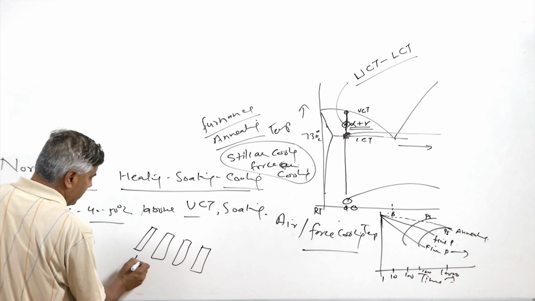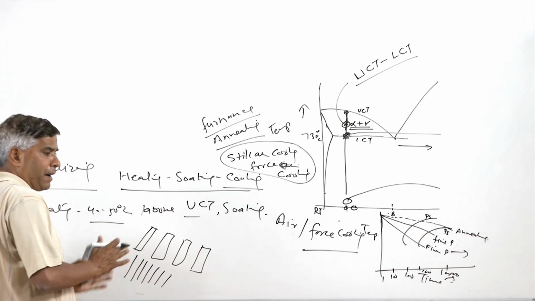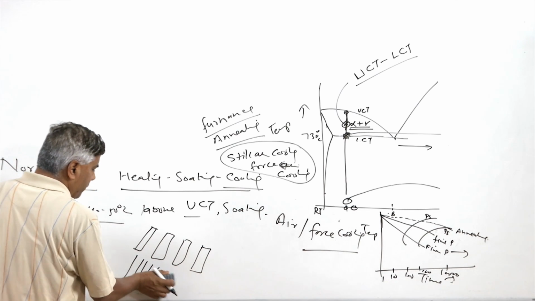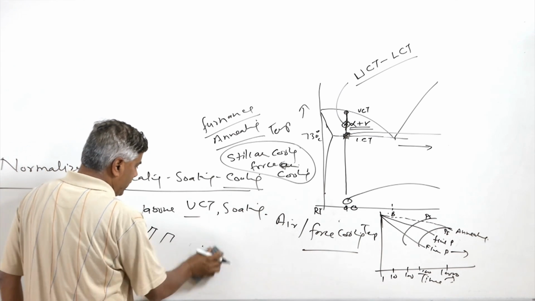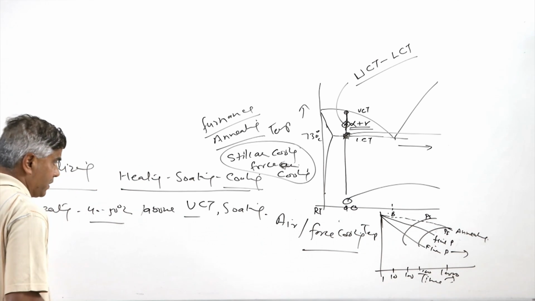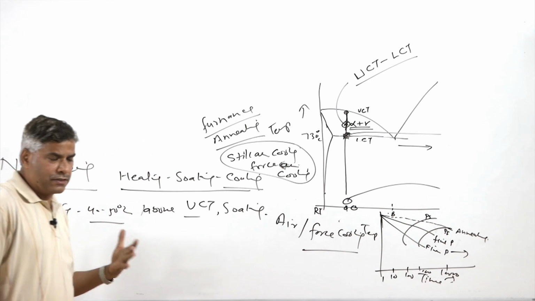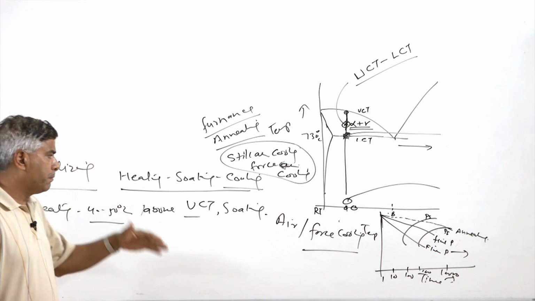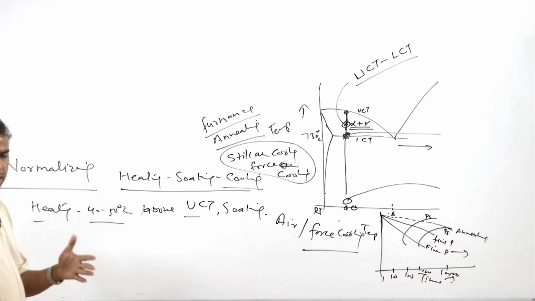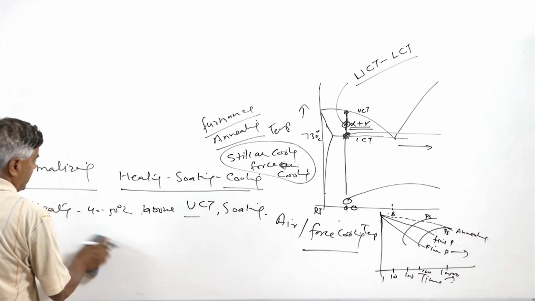But when normalizing is used, very close packed ferrite and pearlite lamellae are observed, which offer improved strength and hardness. At the same time, a very refined structure is also obtained, and refinement in case of the steels with regard to the pearlite is observed from the interlamellar spacing, like the cementite to cementite distance.